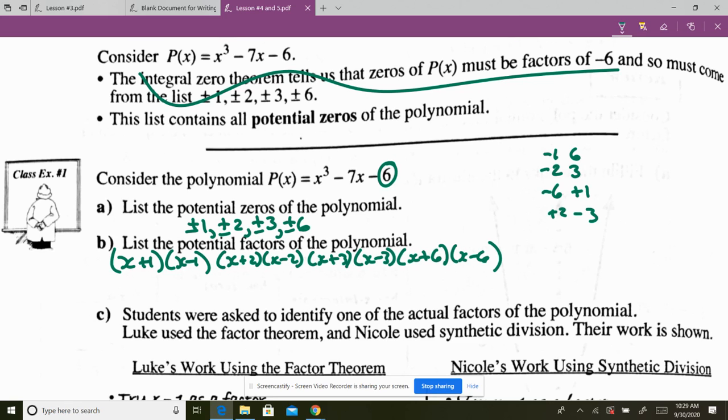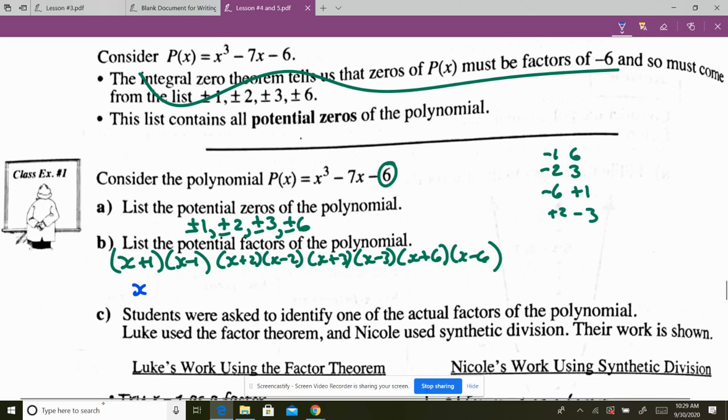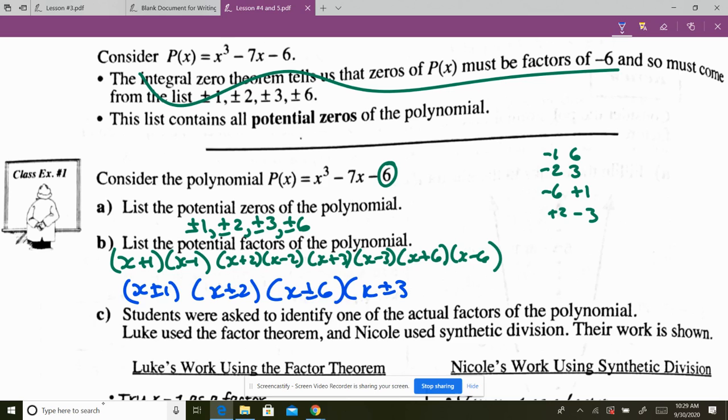Those are the potential factors. Instead of writing them all out individually, though, I will be fine on a test if you just write x plus minus 1, x plus minus 2, x plus minus 3, and x plus minus 6. Okay, just to save yourself a little time. That's all I need you to do.